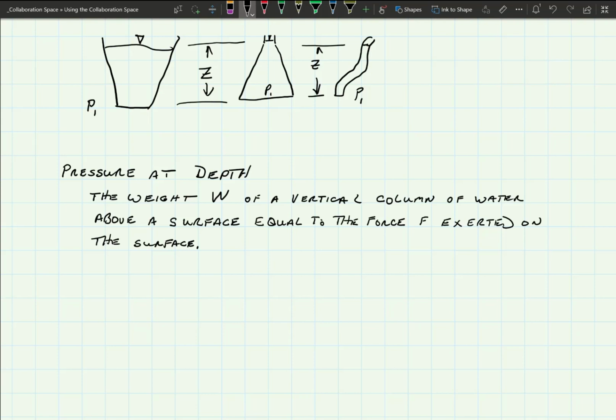Okay. Basically, it's this. W equals specific weight times volume. I'm sorry, what is the word after F? Exerted. Oh, sorry.